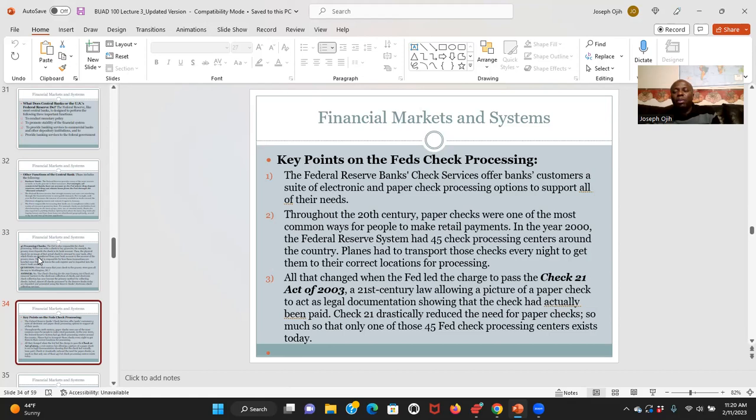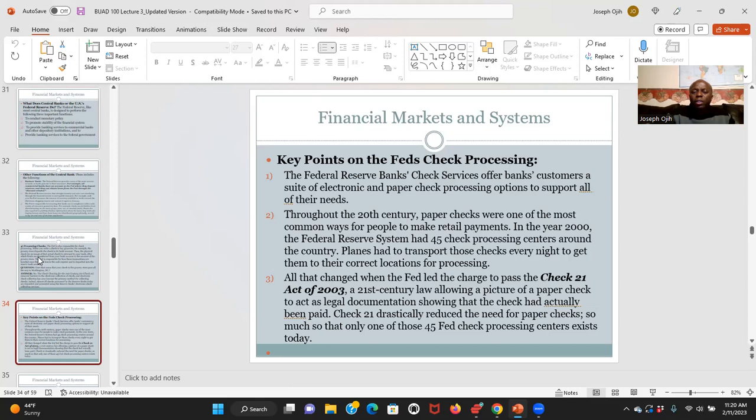I remember the time we used to have check cashing services in some stores, liquor stores, for example. They cash the check, charge you an amount, then deposit the check into their account. Then it goes through a lot of clearing and processing so that they will get the money, and then the money goes into their account.